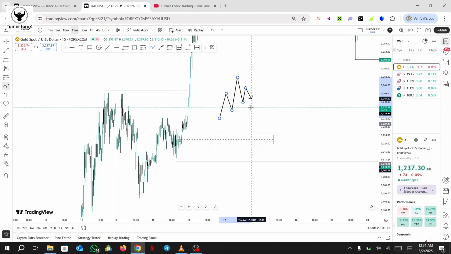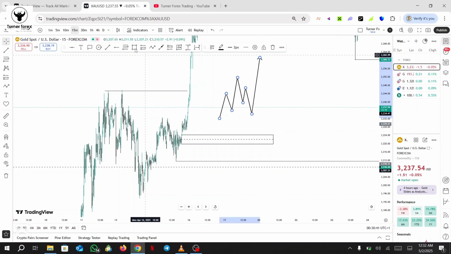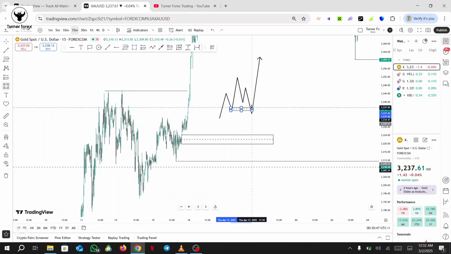Then it went back up, and I will see this as a protected low. Why? Because it has taken out this last low, and it went back up to break this last high. So that is exactly what the market did here, right?